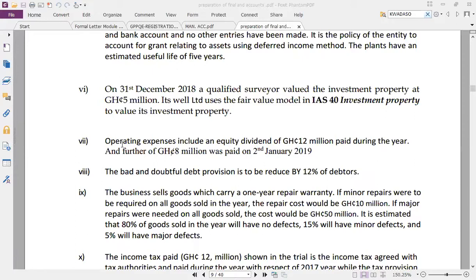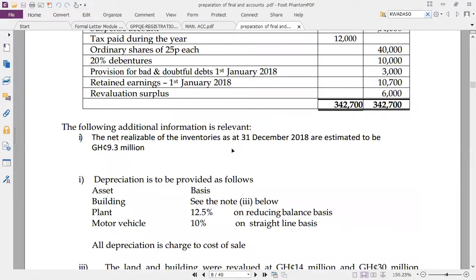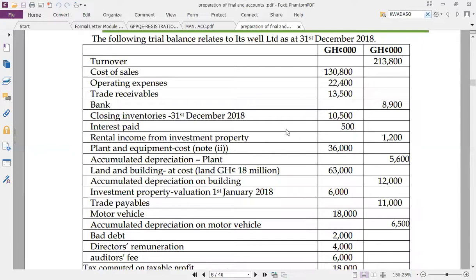That's the first thing we have to do. Check through the trial balance first before you tackle anything in the footnote. Please check it one after the other to avoid oversight.